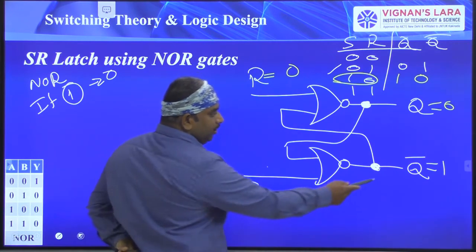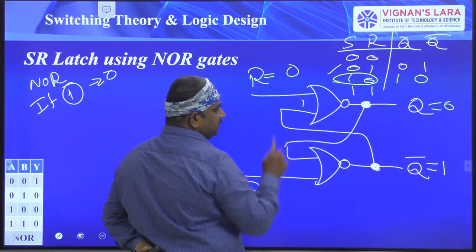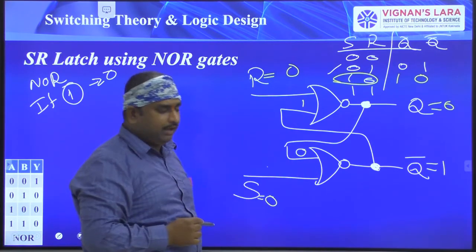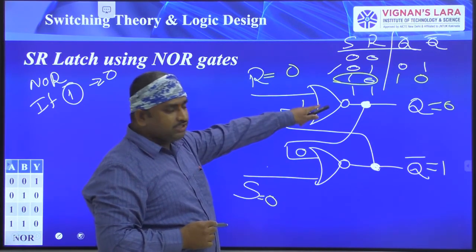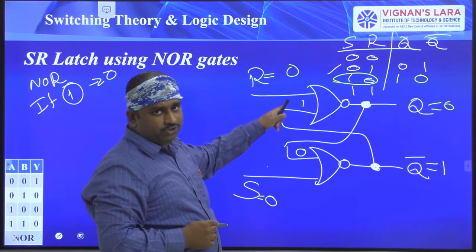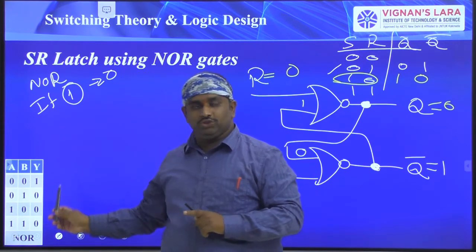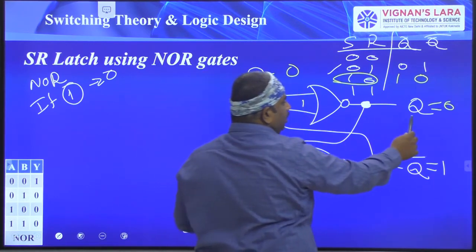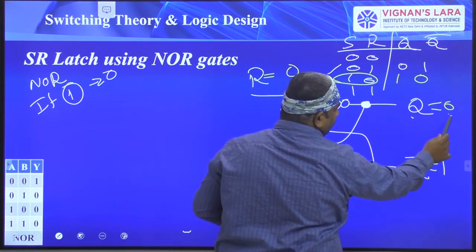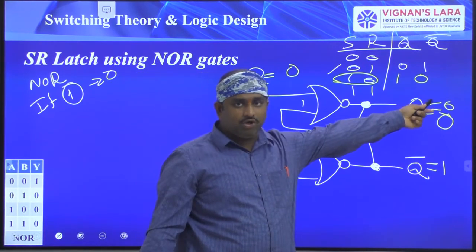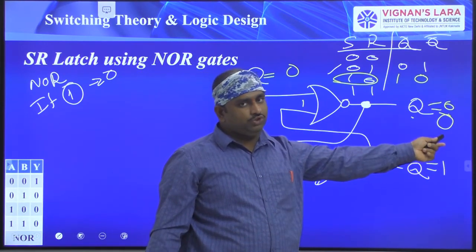Q bar is 1 and Q is 0. For this NOR gate we have the inputs 0, 1, so the output is 0. Previously the output was 0, and presently it is also 0.